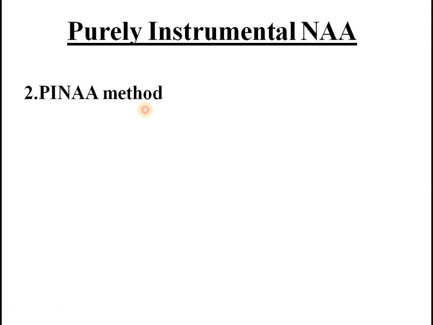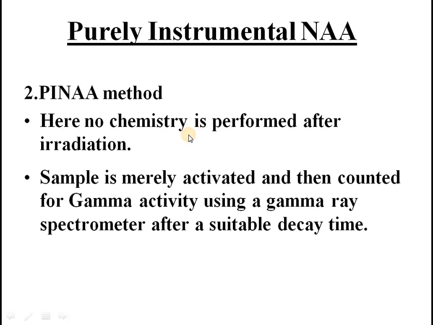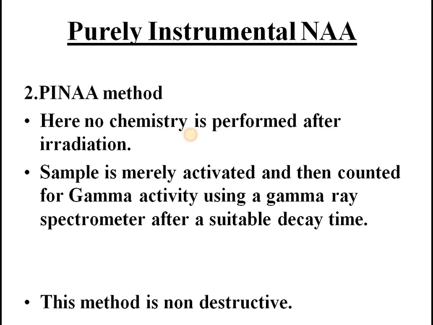Now, the second method: sample preparation is very simple because we don't execute any chemical action here. The sample is directly taken, activated by neutron radiation, and then counted for gamma ray using a gamma ray spectrometer after a suitable decay time.